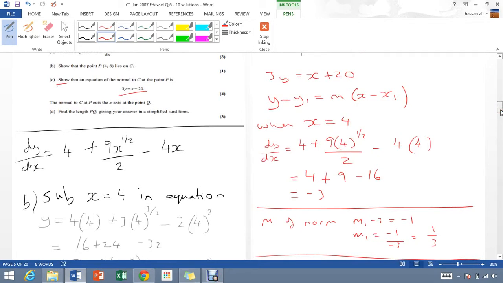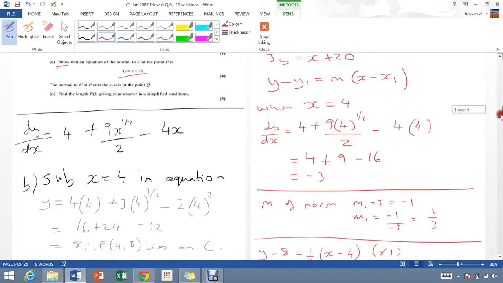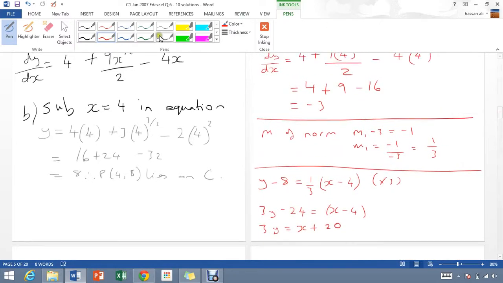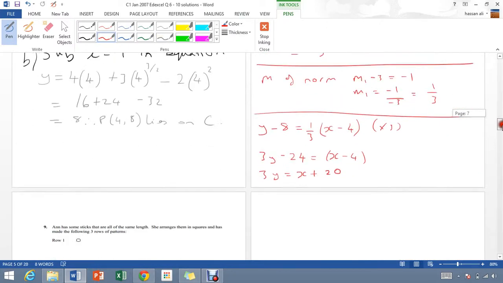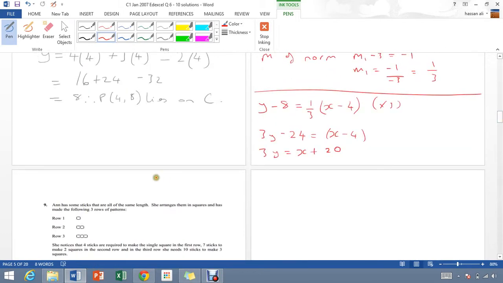Okay, now for part D it's asking you to find the length of PQ, giving your answer in simplified surd form. Let's rub this one out. Now feel free to attempt this question and then come back and see whether you found the answer.